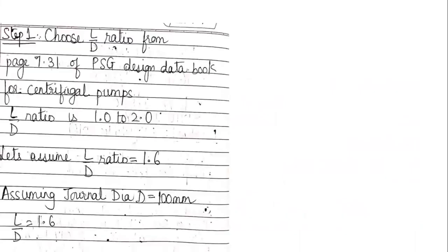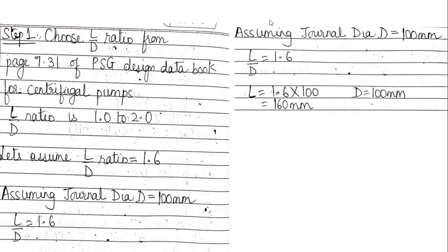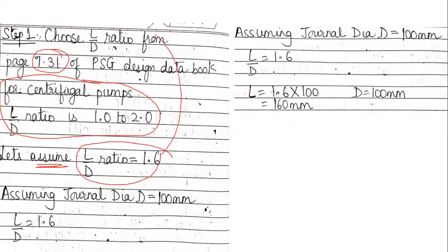The first step says you have to choose the L by D ratio, from the table on page number 7.31. I have already told you that for centrifugal pumps, the L by D ratio is 1 to 2. Since the value is from 1 to 2, we will choose L by D ratio as 1.6.